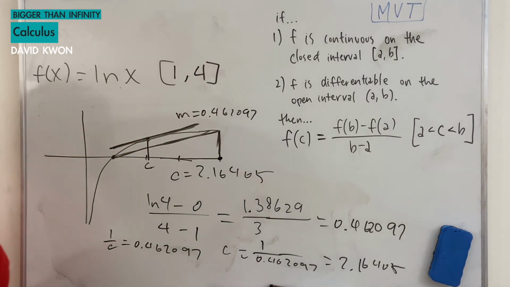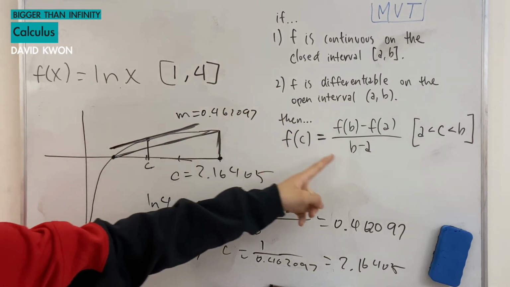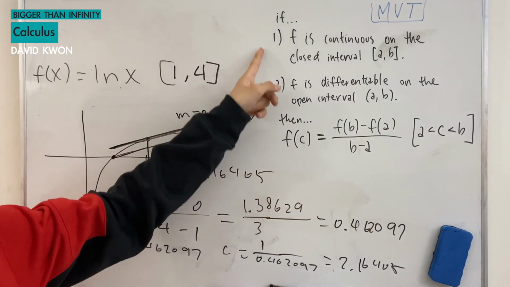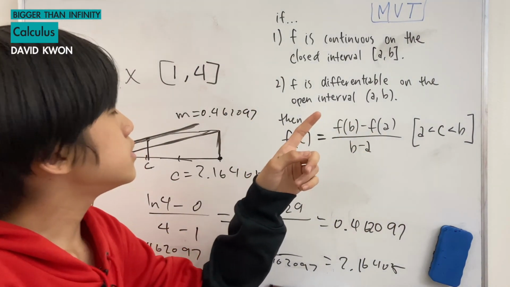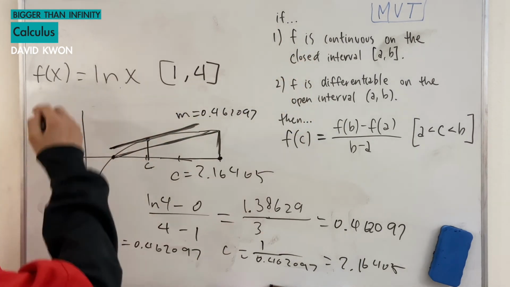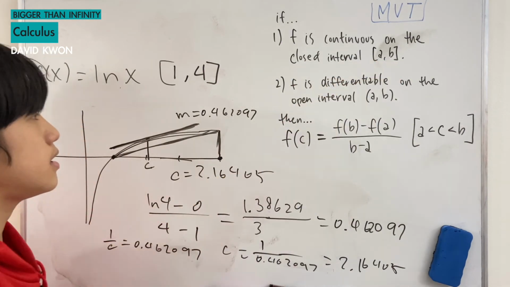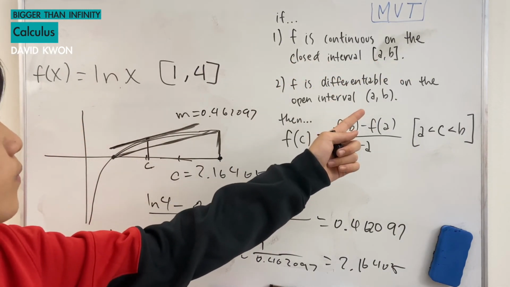If you guys cannot really memorize what I did, you can always read these notes. It's really good. Just remember that f always has to be continuous on the closed interval from a to b, and f is also differentiable on the open interval.